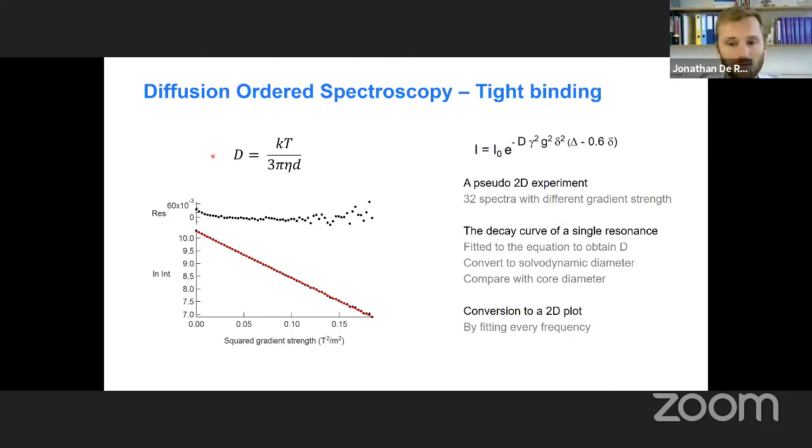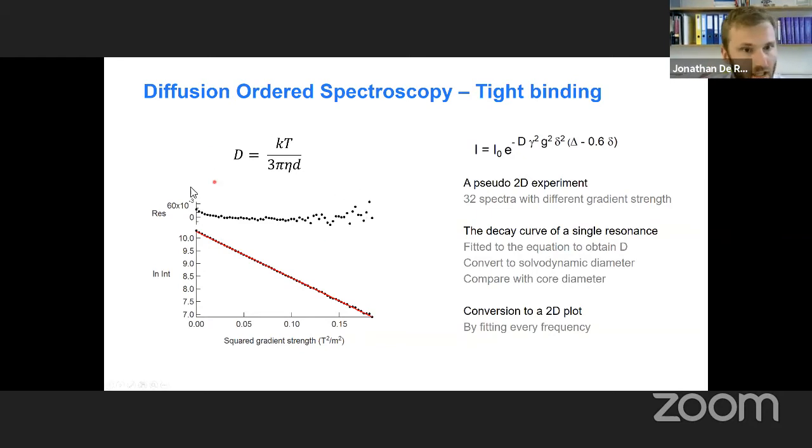So think now about a nanocrystal capped with ligands. So if you measure the diffusion of a bound ligand, you get the diffusion coefficient, you turn this into diameter, you're going to get the diameter of the nanocrystal core plus twice the ligand shell. And because there's ligands both on the left and on the right of the nanocrystal core.